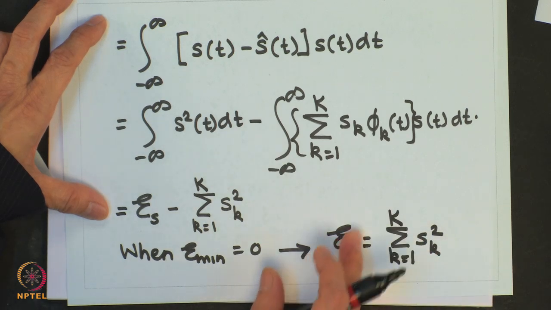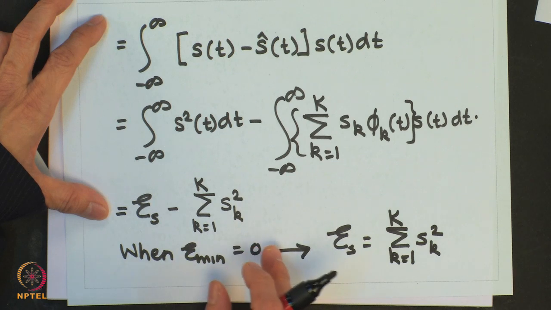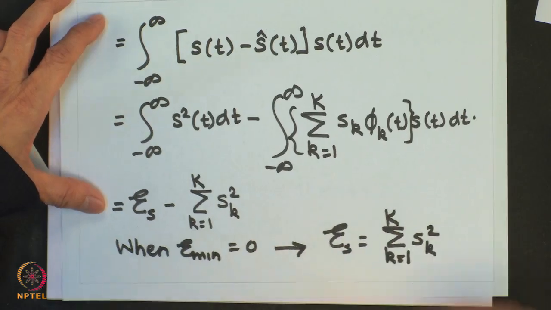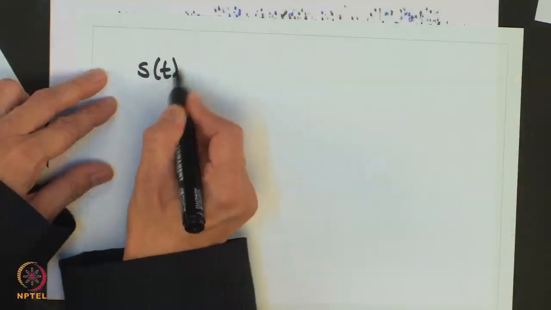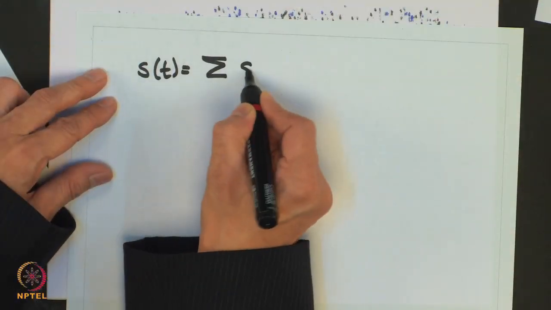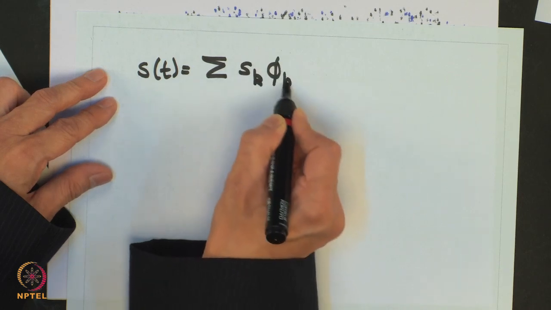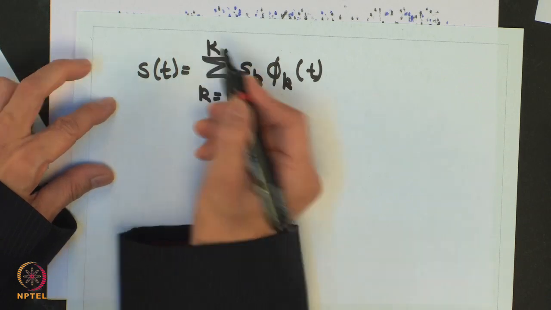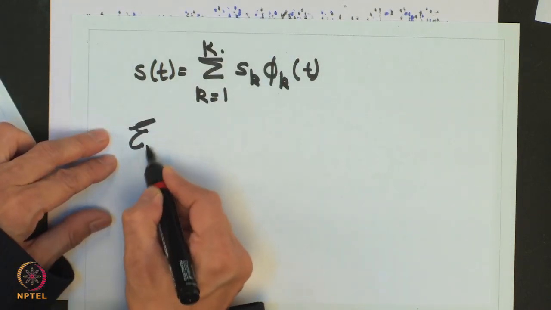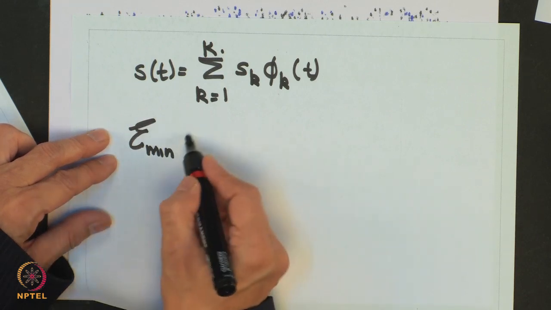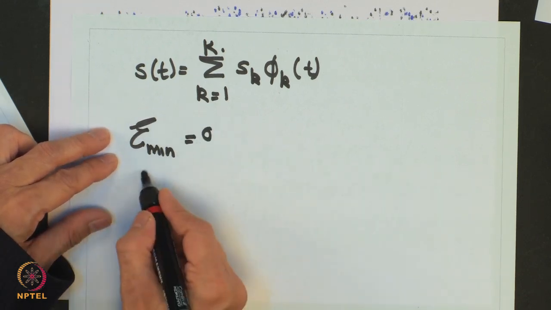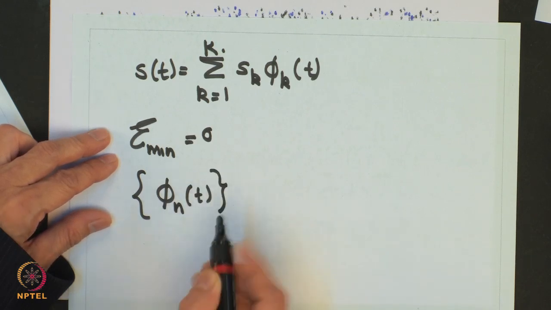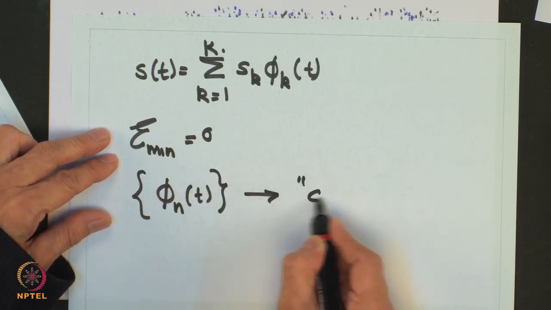So when every finite energy signal can be represented by an expansion of the form in the equation s(t) is equal to this, and E minimum for that is equal to 0, then the set of signals phi_n(t) is said to be complete.